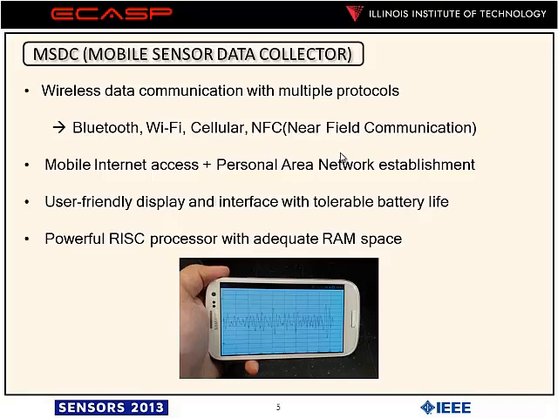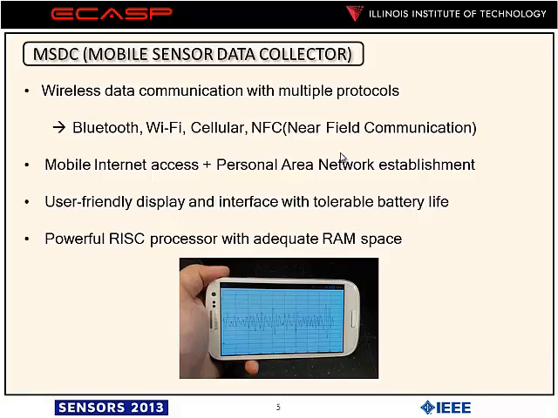Contemporary smartphones have 4 cores embedded inside, a proper processor with adequate RAM, about 2 gigs right now, so we can utilize this embedded system as a really powerful device to do more signal analysis.